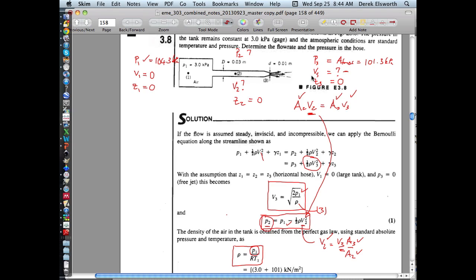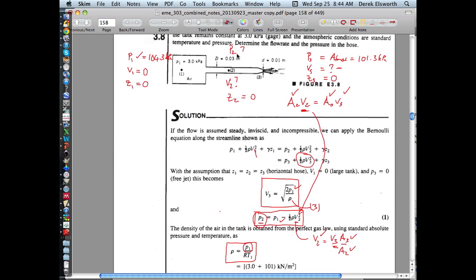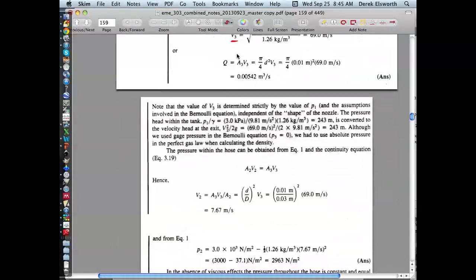Once you have the value of this velocity, you can certainly write the velocity here just by continuity. If you write the velocity here, then you can write Bernoulli between this point and either of the 2 other locations because you only have 1 unknown in the system. And you can solve for P2. And so a little complicated and convoluted, but doable nonetheless. So have a look at those.